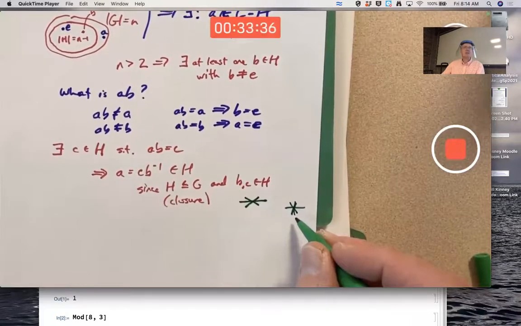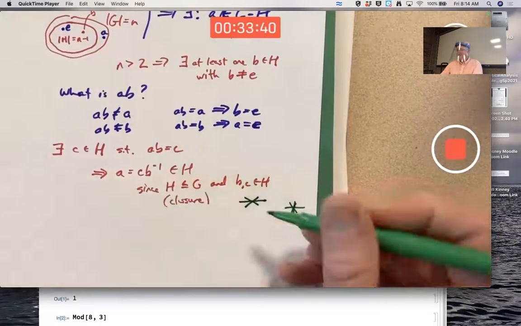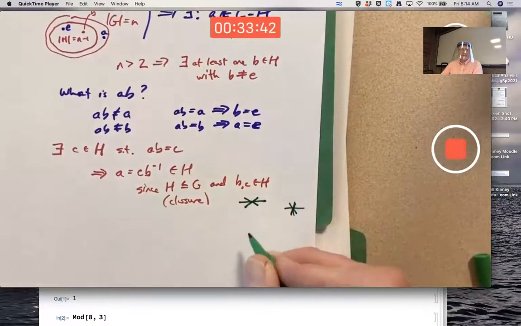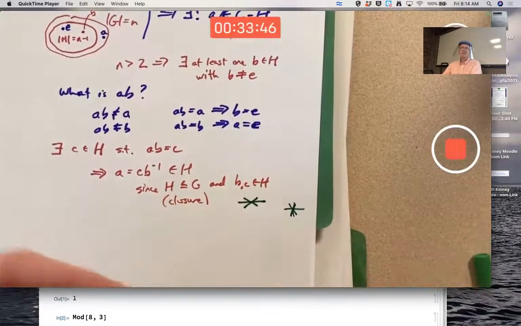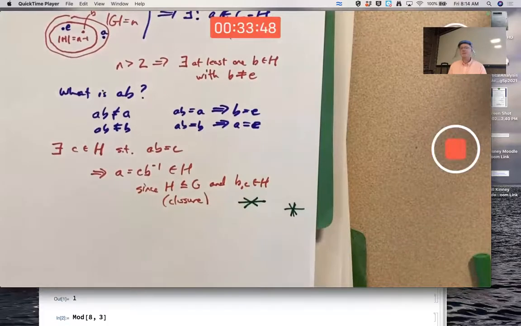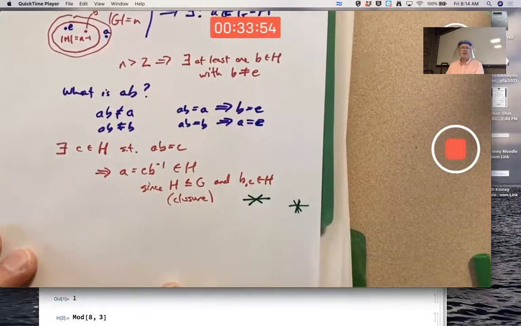But no, it's not a star. It's two arrows pointing at each other. So drawing it a little bit more like that makes it more clear that it looks like two arrows pointing at each other. They're contradicting each other, is the idea of that picture. That's a contradiction. You can highlight it with these two arrows pointing at each other.